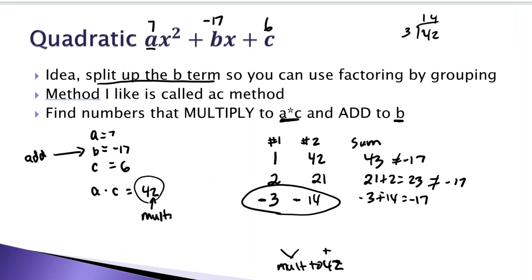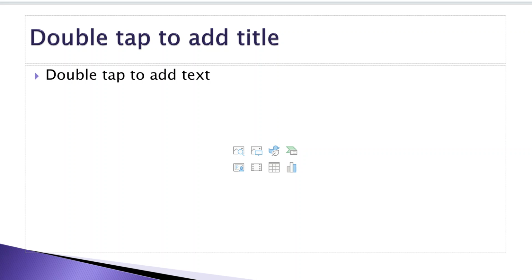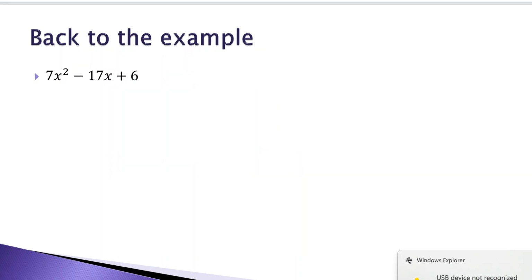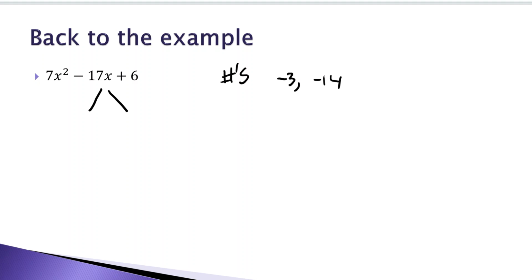My two numbers are negative 3 and negative 14. Here's how I'm going to do this now. I'm going to keep my 7x squared. I'm going to change that to a negative 3x.